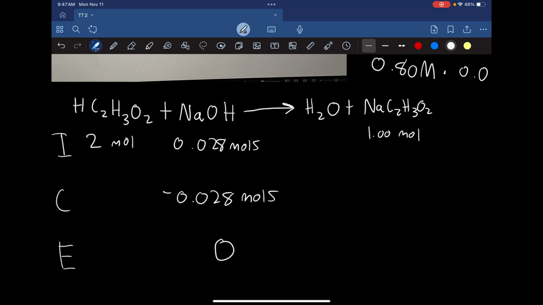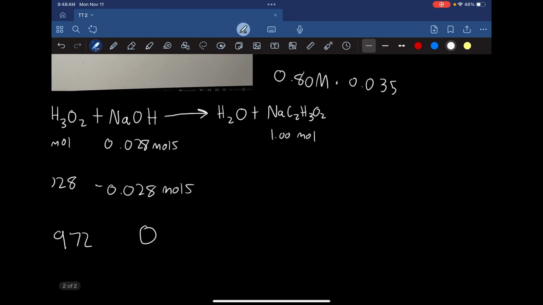So the equilibrium would be 0 for the limiting reactant. When we subtract 0.028 from 2, we get 1.972. Again, I like to draw lines here.